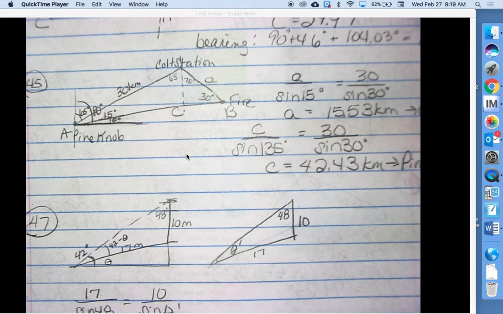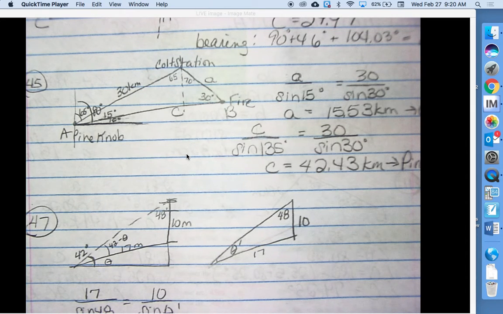So that 65 degree angle was also given. So using alternate interior angles, the bearing of 65 north going east was given. Alternate interior angles means that here's the 70 degree angle that they gave you on the other side that's also 65 degrees. And then that enabled me to find the inside angle being 15.